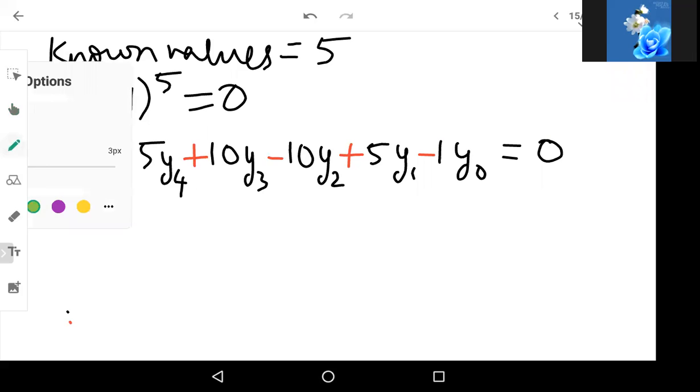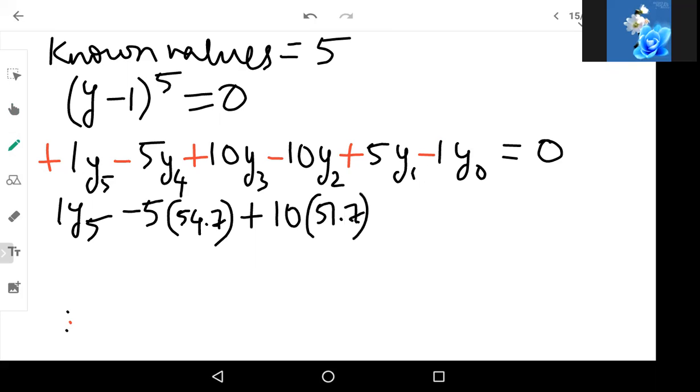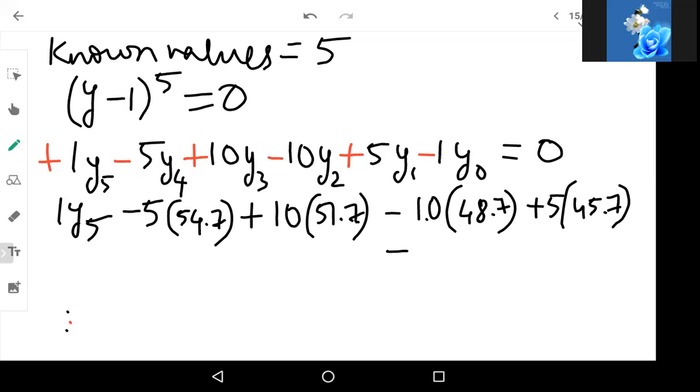So here what will happen? 1 y5 will remain as it is, minus 5 into y4, which is 54.7, plus 10 into y3, which is 51.7, minus 10 into y2, which is 48.7, plus 5 into 45.7, minus 1 into y0, which is 42.5, is equal to 0.